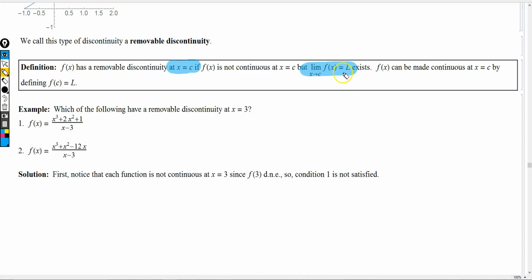All right, so if our limit exists, but the function's not continuous, then we say it has a removable discontinuity, and we note that f of x can be made continuous at x equaling c by redefining f of c to be L, which is what the limit is. All right, so that's how f of x could be made continuous, and that's exactly what we saw up here. So let's take a look at these examples.